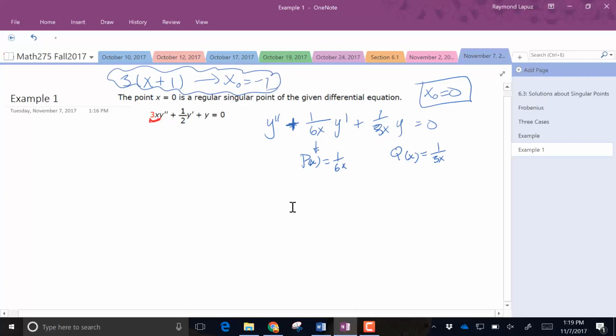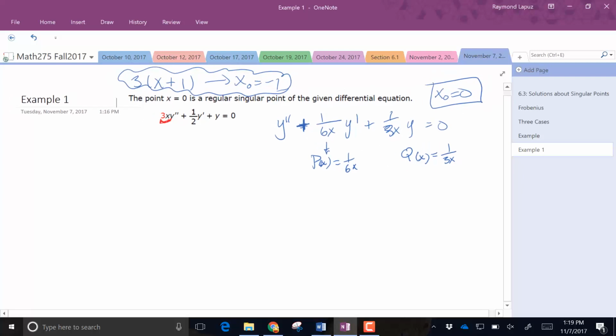Okay. And if you ever do come up with these problems where your x naught is not 0, you can always try to shift it to the origin so that your x naught does become 0. Because, like I said, dealing with these x minus x naught business where x naught is not equal to 0 gets that much more complicated when you're doing these power series.